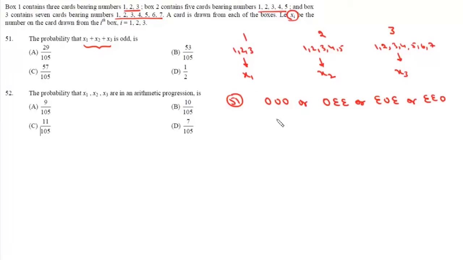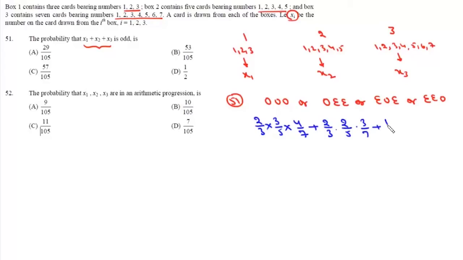Now getting an odd from the first box is 2 by 3. Odd from second is 3 by 5, and odd from third is 4 by 7. Now plus odd from first 2 by 3, even from second 2 by 5, even from third 3 by 7.